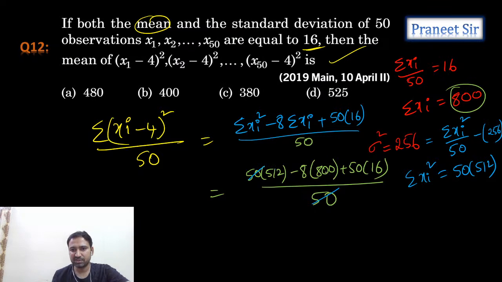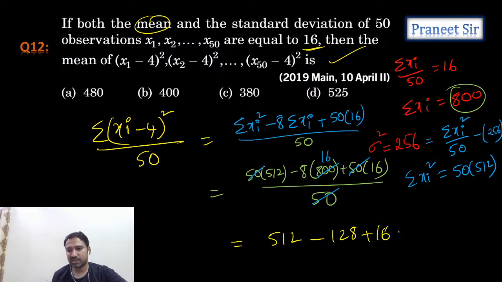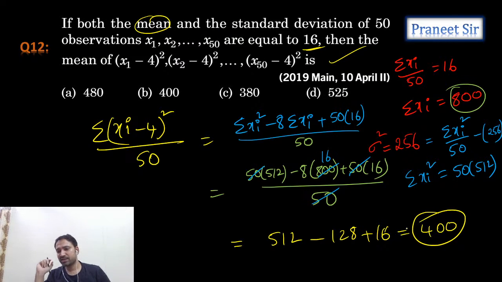Yes, 50 and 50. The remaining part: 512 minus 8 times 16, that is 128, plus 16. So how much are we getting? 528 minus 128. Are we getting 400? That's it. 400 is the answer.